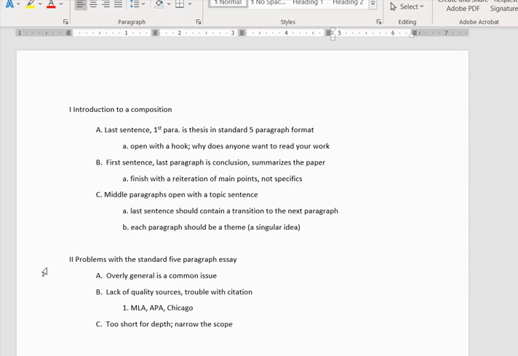So we're going to be looking at usually having a longer format, 7, 8, 9 paragraphs, or larger than that. And so you may need a more developed thesis sentence.